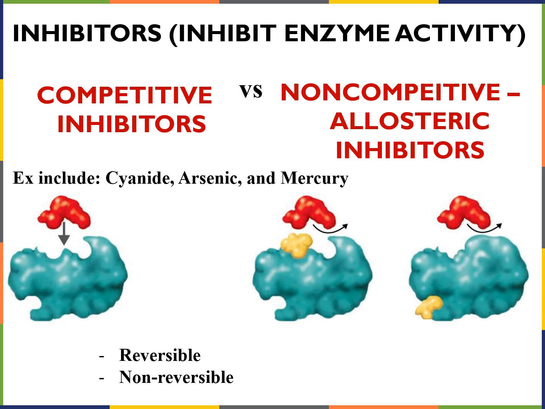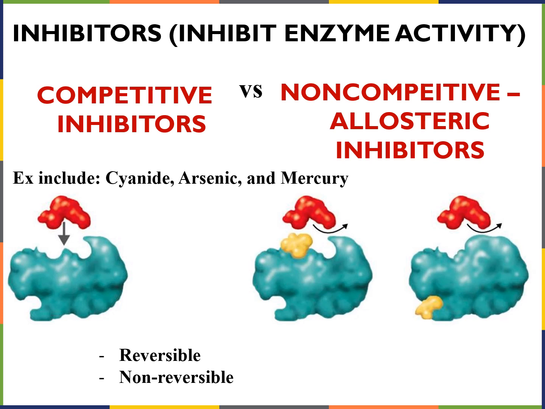All right, the first picture on the far left shows what is normally supposed to happen. We have an enzyme, we have an active binding site, and it shows the substrate binding to the active binding site on the enzyme.